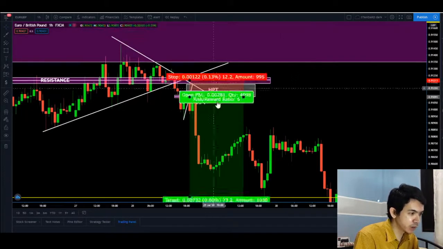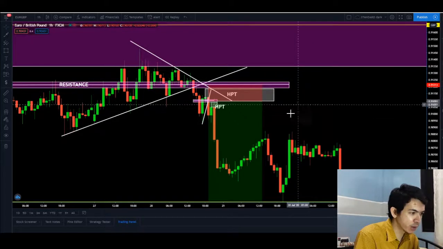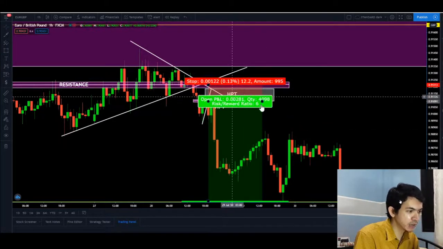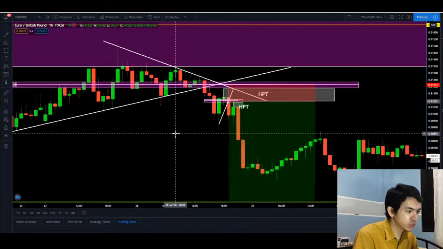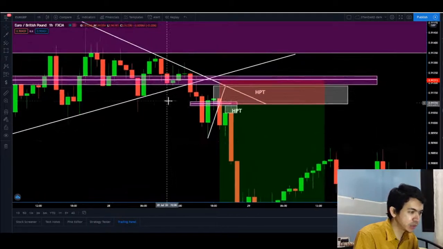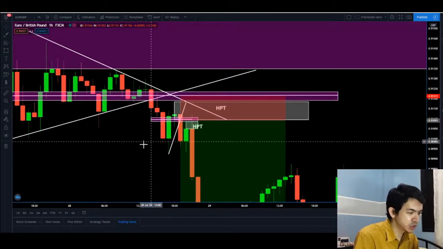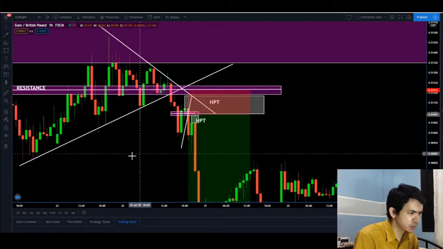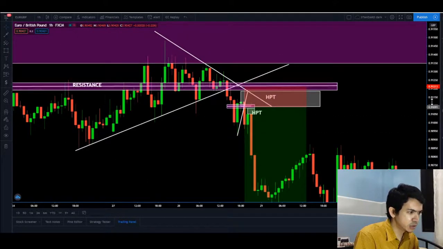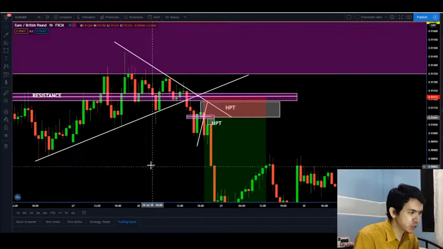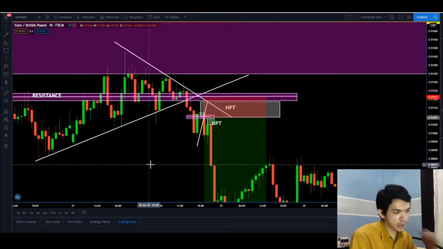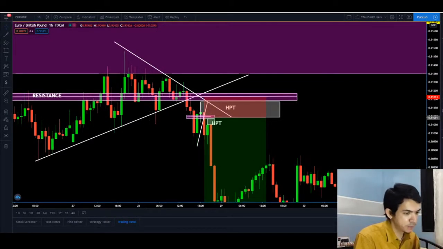I already marked my HPT zone area, so I needed the price to react to this level again. I don't want to chase the price when the price rallied down or moved down rapidly. We don't want to chase the price as much as possible. That is a big no when it comes to trading. You always want to have an entry on the correction or at the retracement.